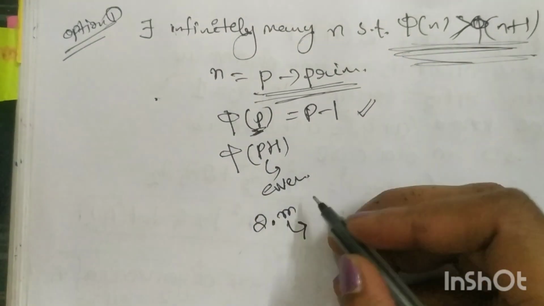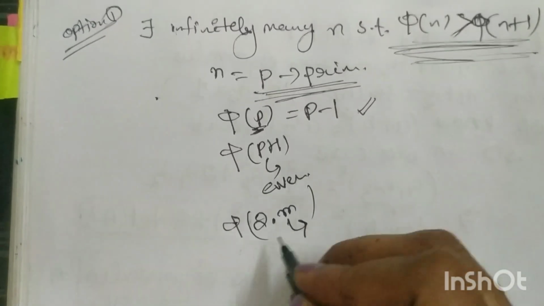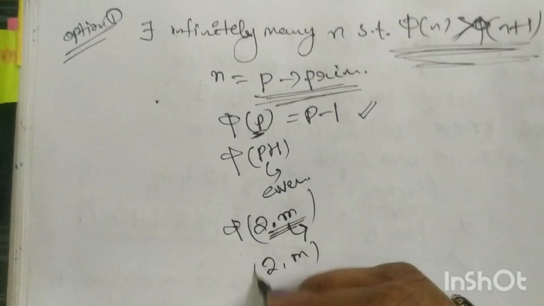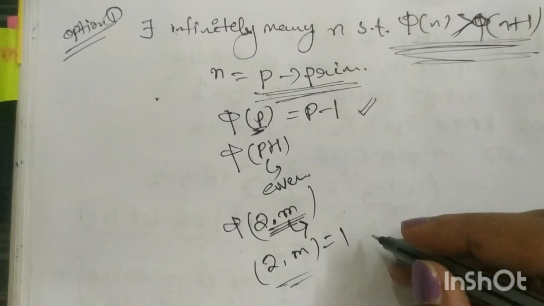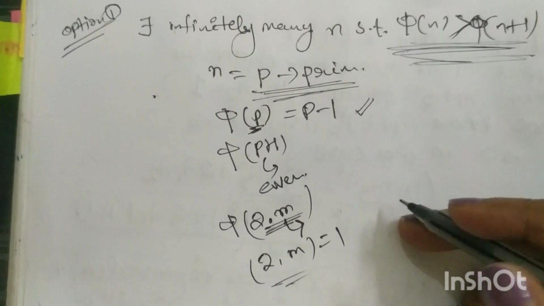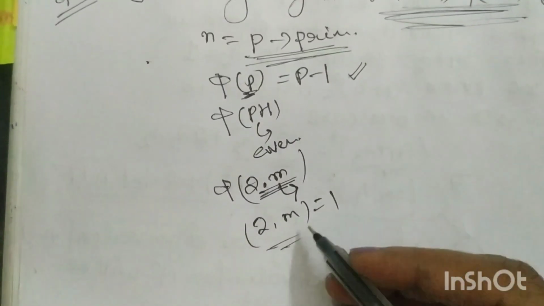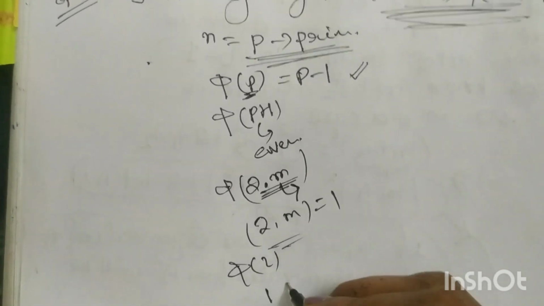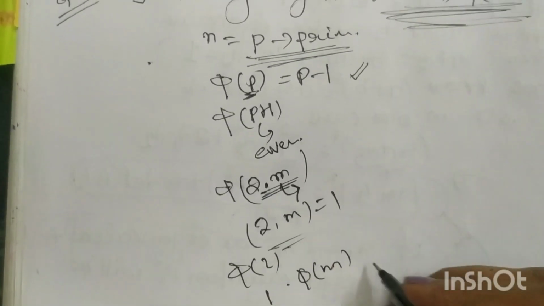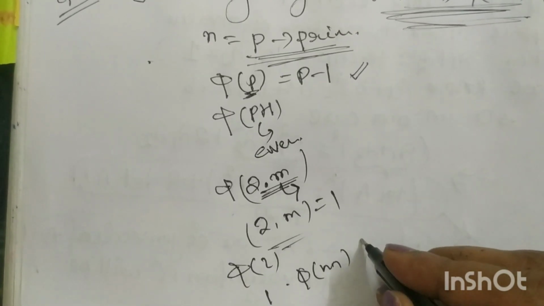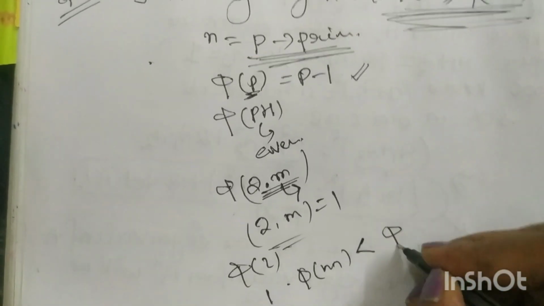So when you take phi of this thing, these two are coprime, meaning (2, m) equals 1, and there are infinitely many elements like that. So in that case, what you will get is phi of 2, which is 1, and phi of m, which is always less than phi of p.